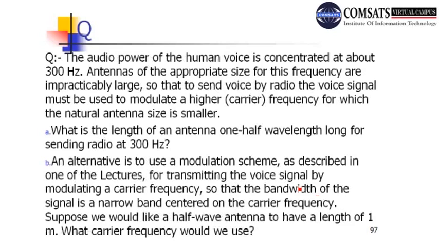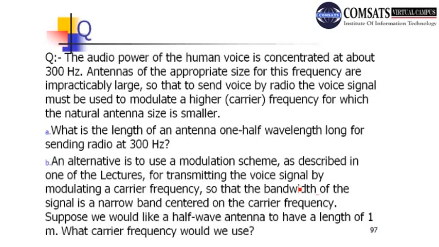So here we have another review question. The audio power of human voice is concentrated at about 300 hertz. Antennas of appropriate size for this frequency are impracticably large. Again, this is almost the same use case: if we build antennas by taking into account the human voice frequency, this is impractical.